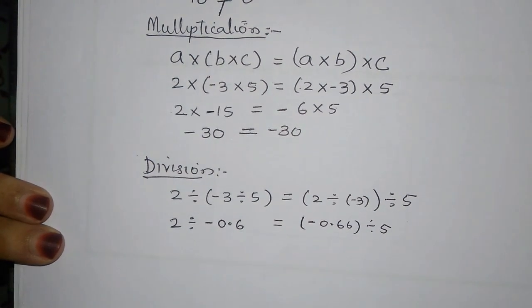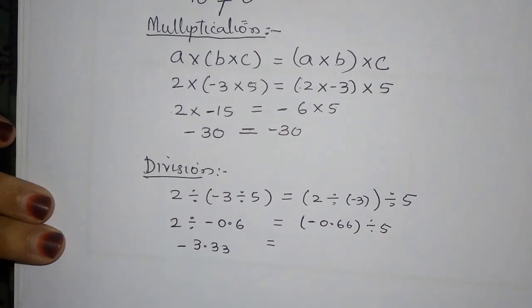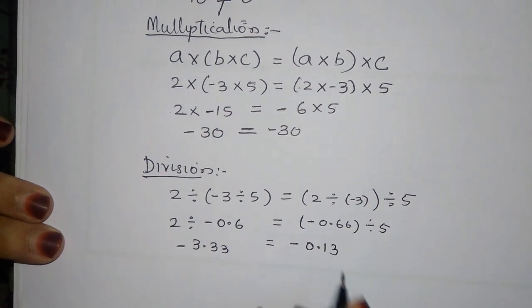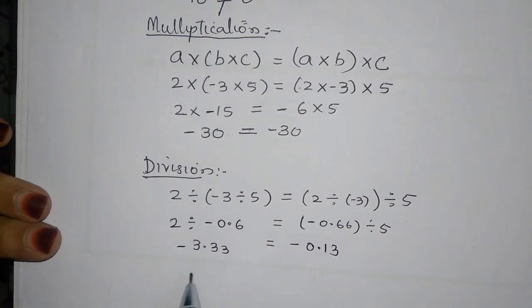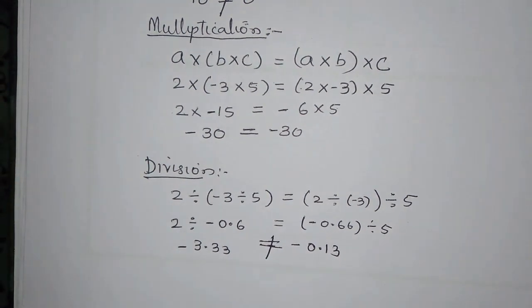So 2 divide 0.6, we get 3.33, and this side minus, and this side 0.66 divided by 5, we will get minus 0.13. So whether they are equal, they are not at all equal. So we can say that the associative property is not closed under division.